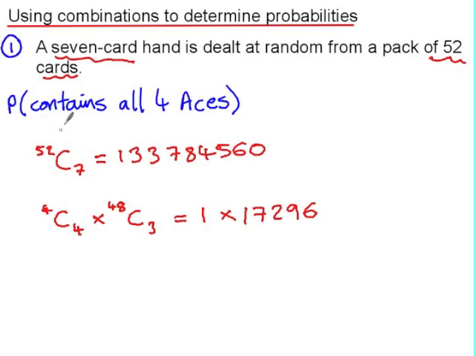So the answer to our question, what's the probability that the hand contains all 4 aces? That's 17,296 out of the 133,784,560.